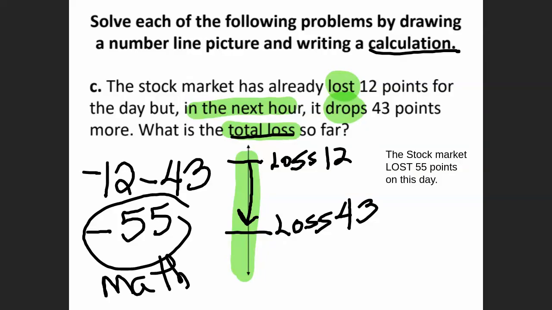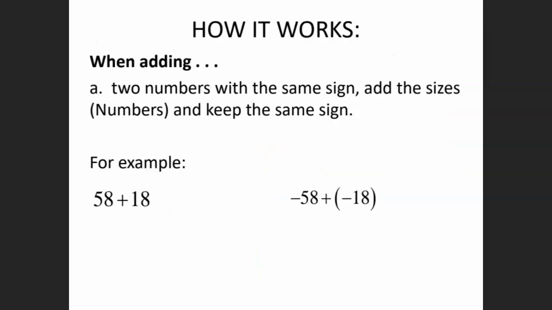just to make sure you understand and remember positive and negative numbers, here's what your book is going to tell you. When you add two numbers with the same sign, now they're saying add the sizes, which means add the numbers, and keep the same sign. Well, 55 and 18 are both positive.